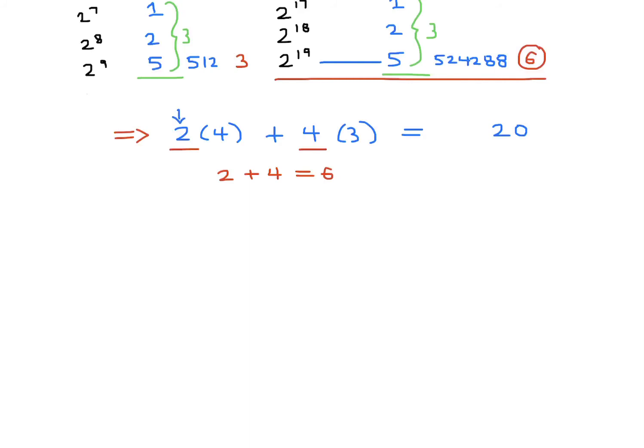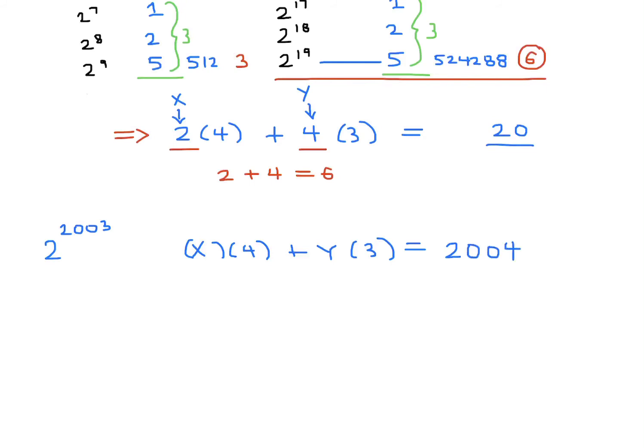Basically, I'm going to let this be x, if I'm extrapolating all the way till 2 to the power of 2003. And I'm going to let this one be y. So in a very similar way, it'll be x times 4 plus y times 3. And it's not 20 this time. It's how many? 2004.